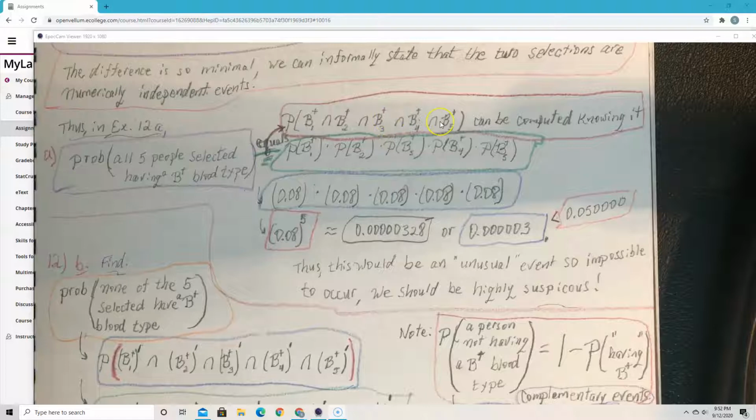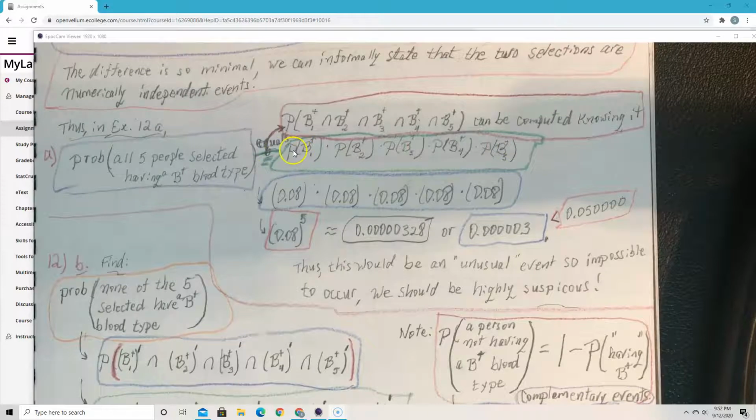This is the same as this, and can be computed, knowing that because these can be considered independent events, you can just write down each one of these individually and multiply their probabilities together.